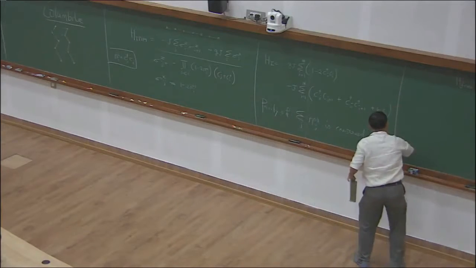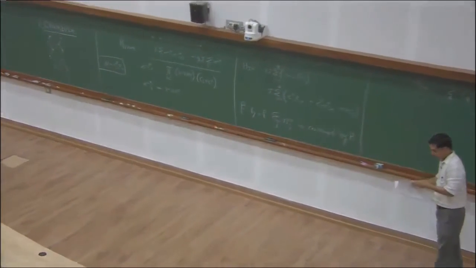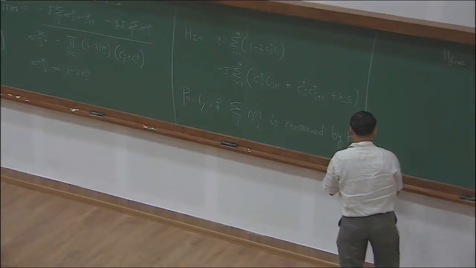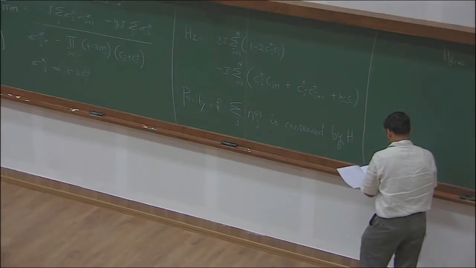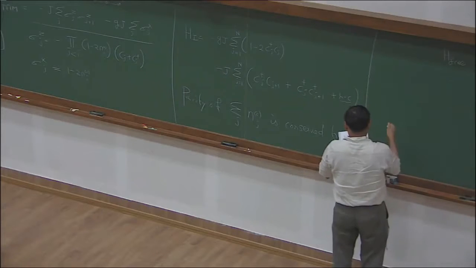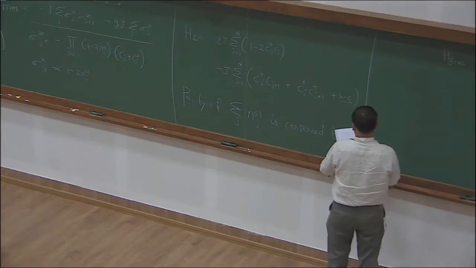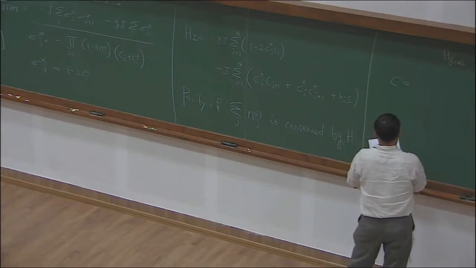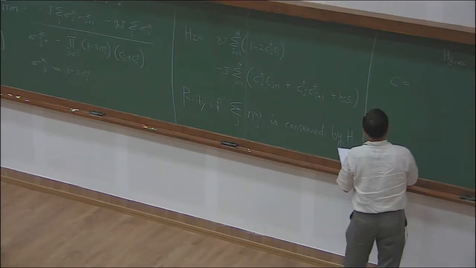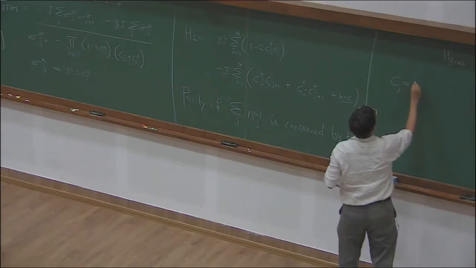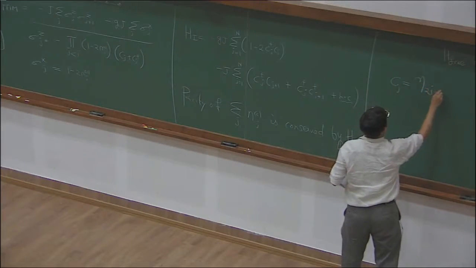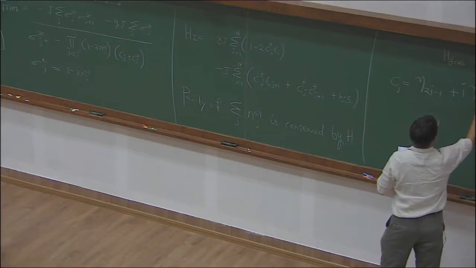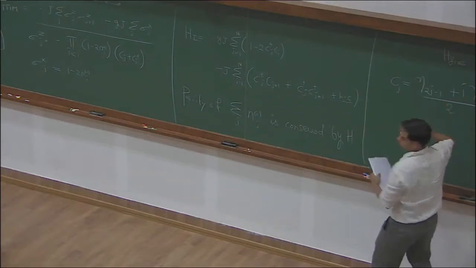But I do want to get it to look like that. And to that end, I introduce Majorana fermions. So I wrote each C_j as eta_{2j-1} plus i eta_{2j}, over 2.